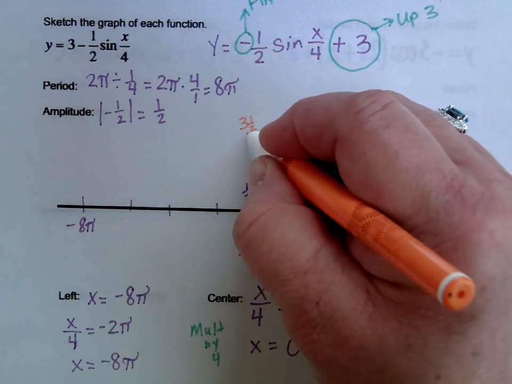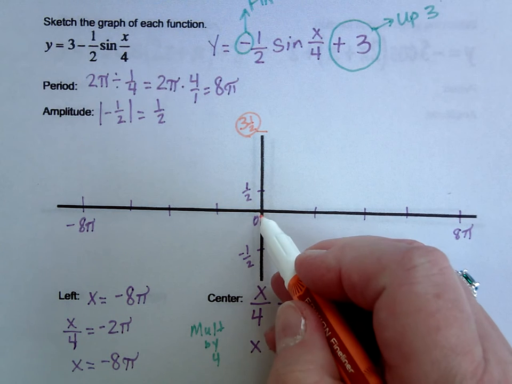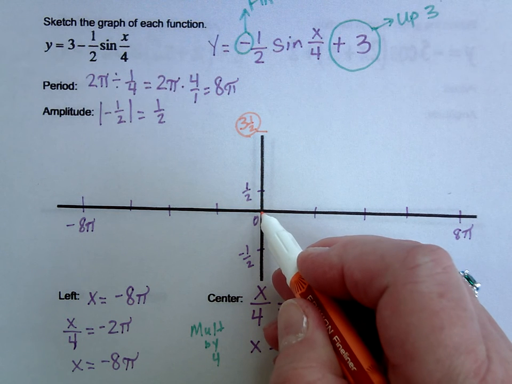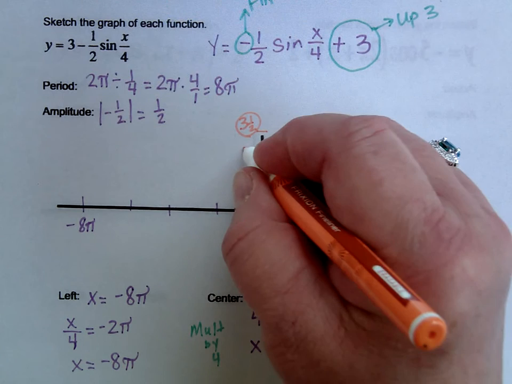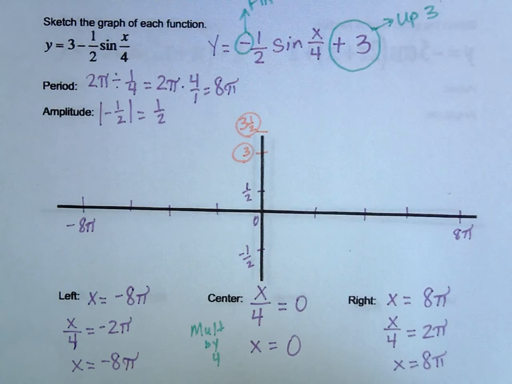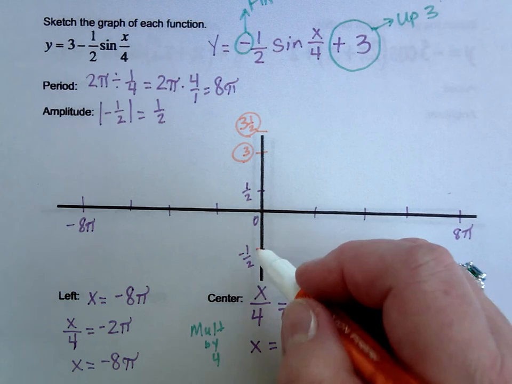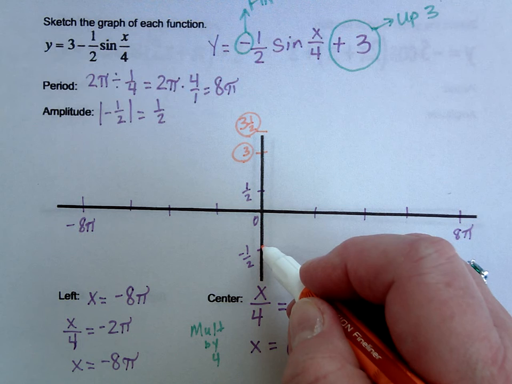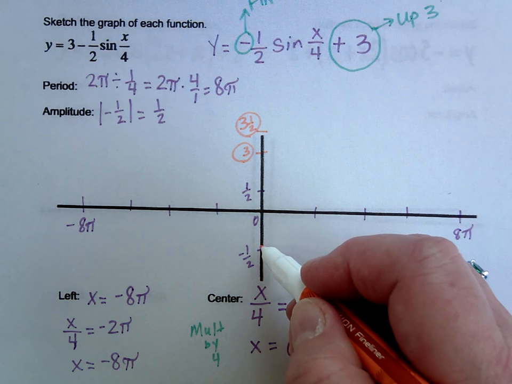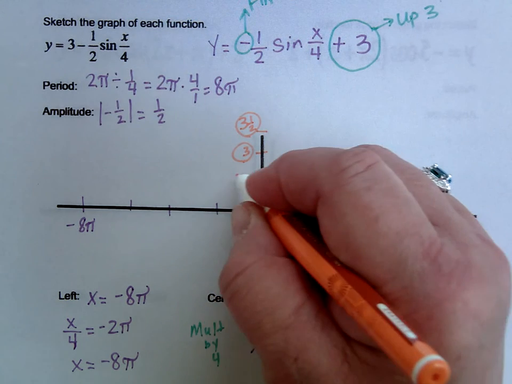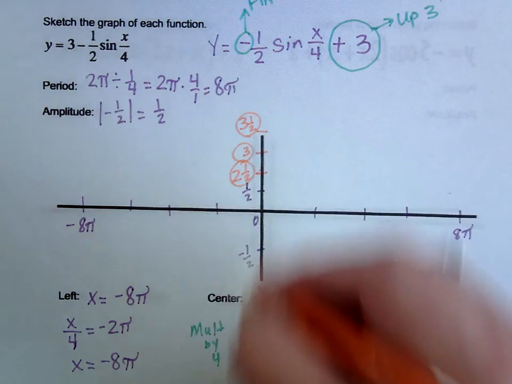So that's going to be my topmost point. My next point, where I would have a dot, would be at the 0. If I'm at 0 and I add 3 to it, 0 plus 3 is now 3. That's going to be my middle points. My lowest point would have been at negative 1/2. If I add 3 to a negative 1/2, I'm at 2.5. That's going to be my new low point.